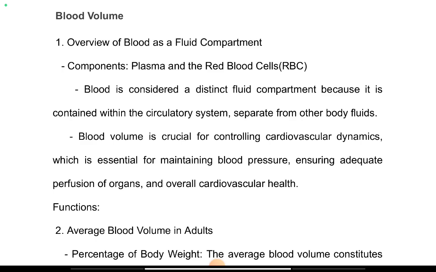Then the hemoglobin releases oxygen. From there, the venules and the veins. So the only difference is that the blood on the arterial aspect has more oxygen, while on the vein aspect, it has less oxygen.